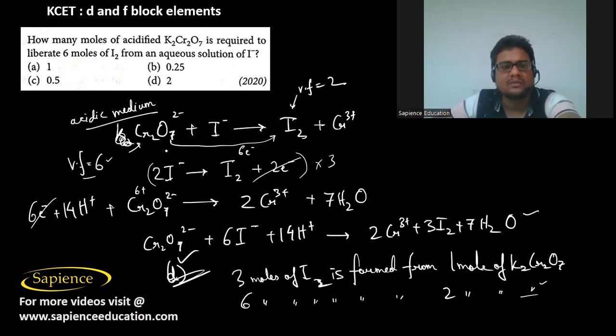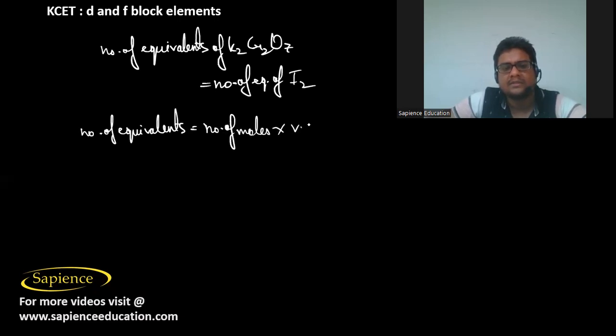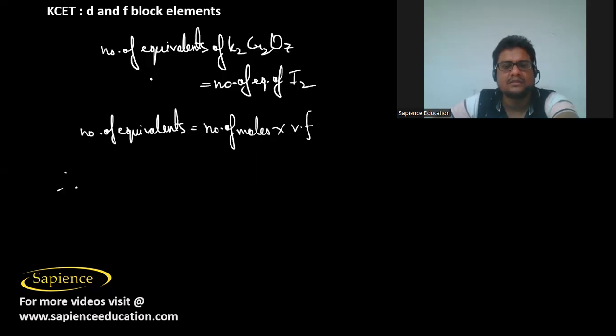So as we know, the number of equivalents is given as the number of moles times the valency factor. Therefore for the number of equivalents of I2, it is told that 6 moles of I2 has been liberated, 6 moles of I2 is formed.